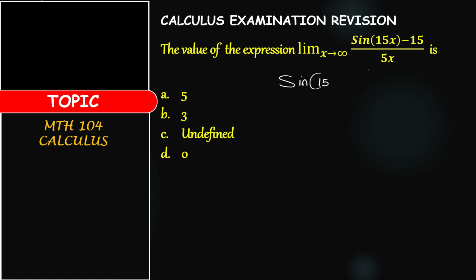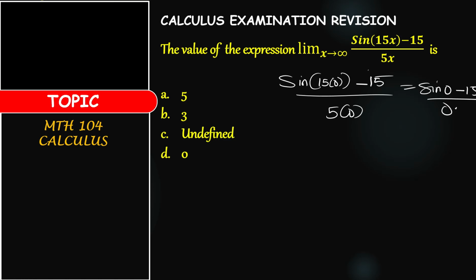Now, x, if you use L'Hospital's rule, wherever you see x, put 0 for infinity. So this will be minus 15 divided by 5 bracket 0. This will give us 0. Sine 0 minus 15 divided by 0. Sine 0 is going to give us what?